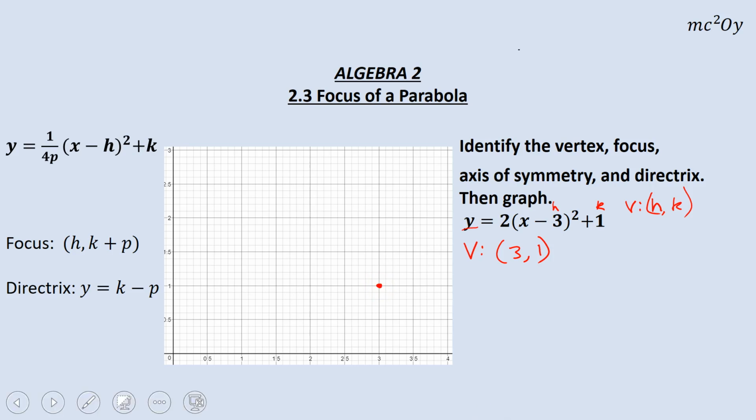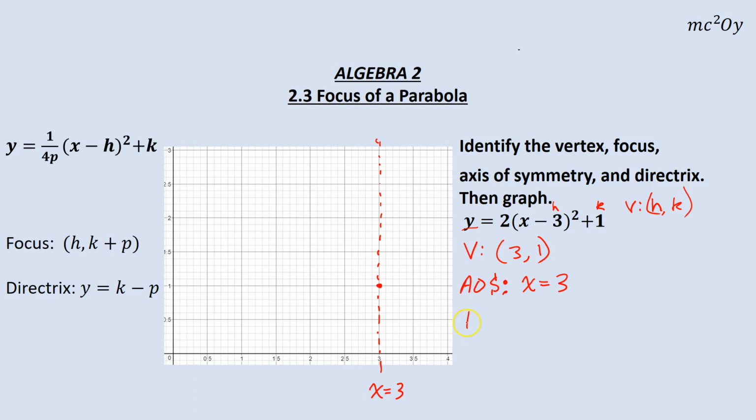And then my axis of symmetry is pretty easy to find once I know my vertex. My axis of symmetry in this case is x equals 3. It's the same x value as the vertex, since my graph is opening upward or downward. x equals 3.